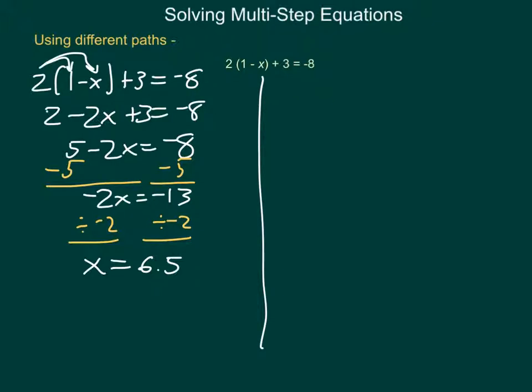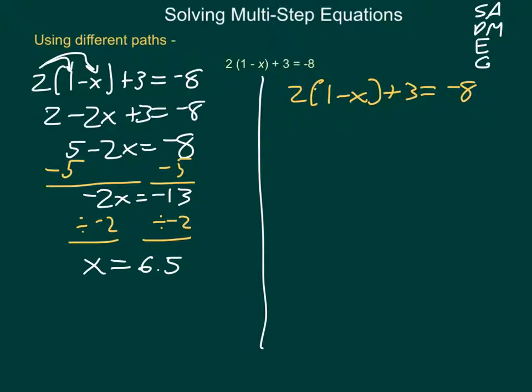The other, we can simply follow the methods of SAD/MAG, and I'll show you how that works. So we start again, 2 times (1 minus x) plus 3 equals a negative 8. Now remember, in the solving method of SAD/MAG, groups come last. So outside of the group, do I have any subtraction or addition?